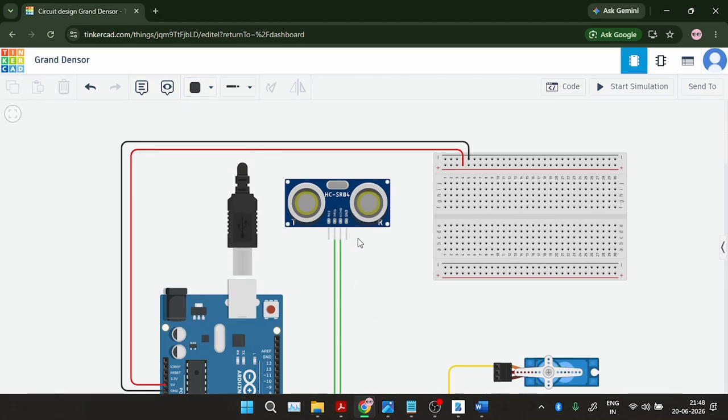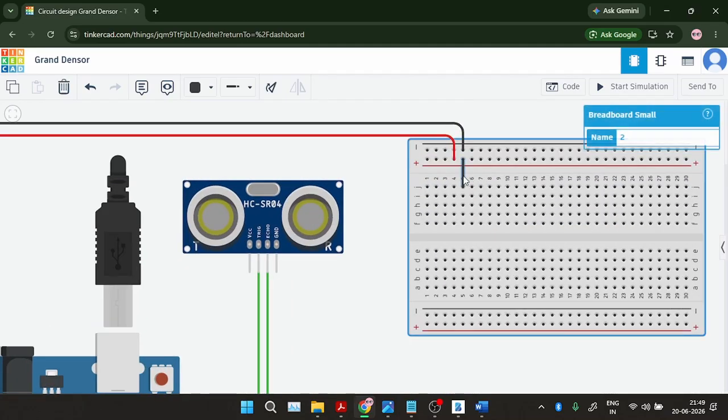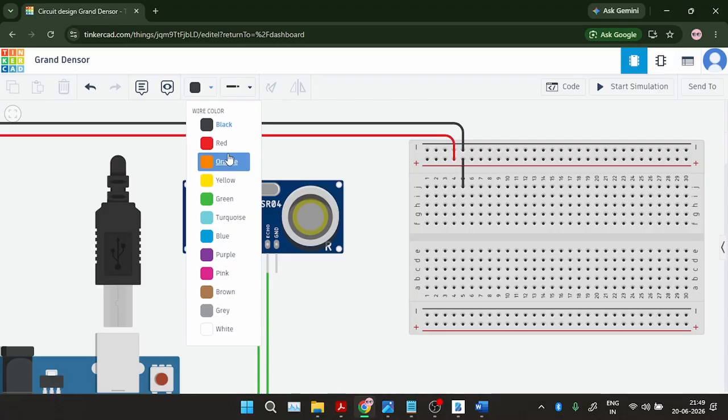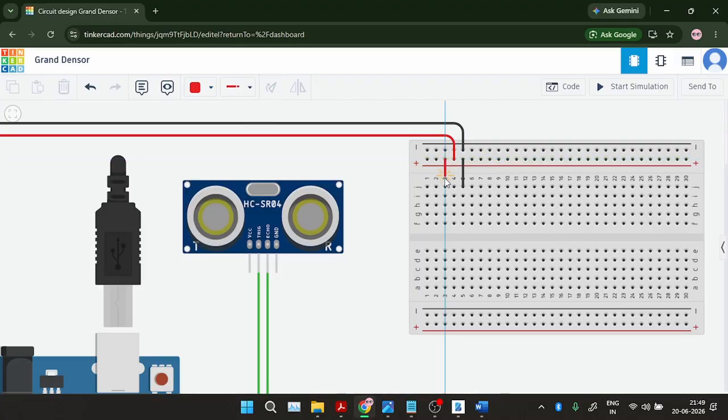Now I need a ground pin, but I need some connections from here to here. For that, what I'm going to do is connect one pin from there to this pin. Okay, so this will do a continuous connection, and I need a red pin in order to make the power supply from there to here.